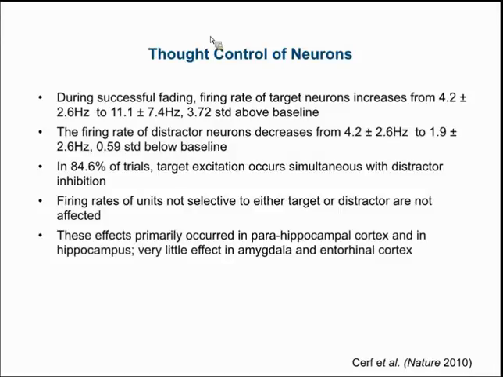But interestingly, you can only do this in some parts of the brain. So we only recover in 4. So you can do this in the parahippocampal cortex, in the hippocampus, but you can't do that in the amygdala and entorhinal cortex. I mean, it's not surprising you can't do it everywhere. So for instance, we have no evidence whatsoever that you are able to control the neurons that pertain to color.